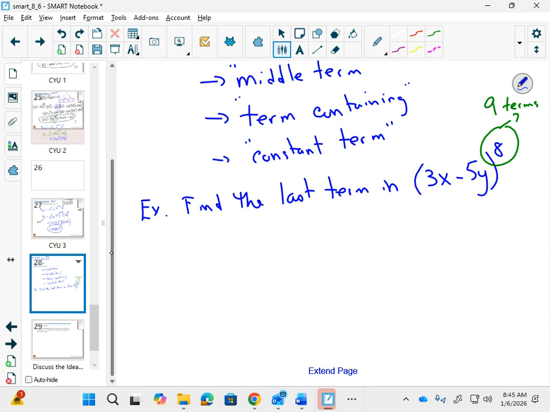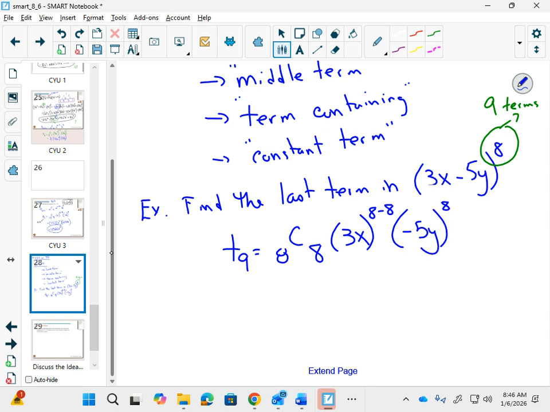So this question, we have to find term 9. And now it's easy, just like example 3. As soon as you get it to the point where you can just plug everything into the formula for binomial theorem, that's really easy. And as far as plugging things into the formula, to avoid screwing up, I'm going to go to my formula. n is 8. Choose, if I'm finding term 9, k would also be 8. 3x to the 8 minus 8 and minus 5y to the 8.